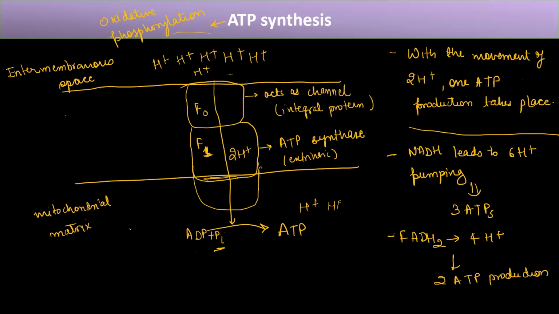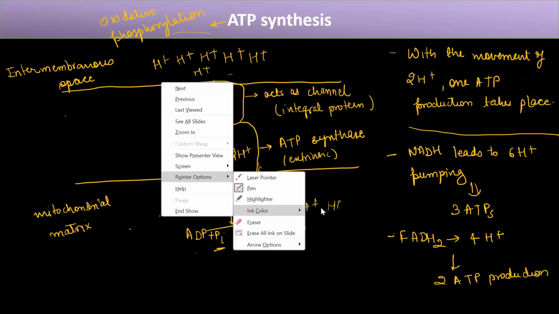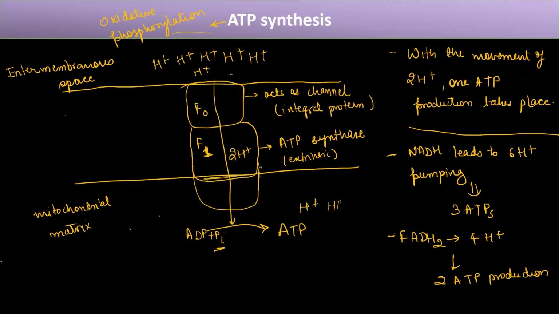Now, from this, what points can we conclude? We can write that the number of ATP molecules that are formed depends on the electron donor, right? If the electron donor is NADH, the number of ATP formed is 3. But if the electron donor is FADH2, how many ATPs will form? 2, right?